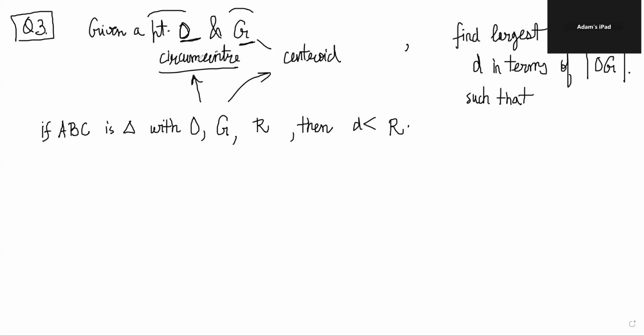So what we have to figure out is that ABC is a triangle whose circumcenter, centroid, and R is given. Only circumcenter and centroid are given, and then you draw a triangle according to that. And we have to make sure what the largest value of D is, in terms of the distance OG, such that it is always less than R.